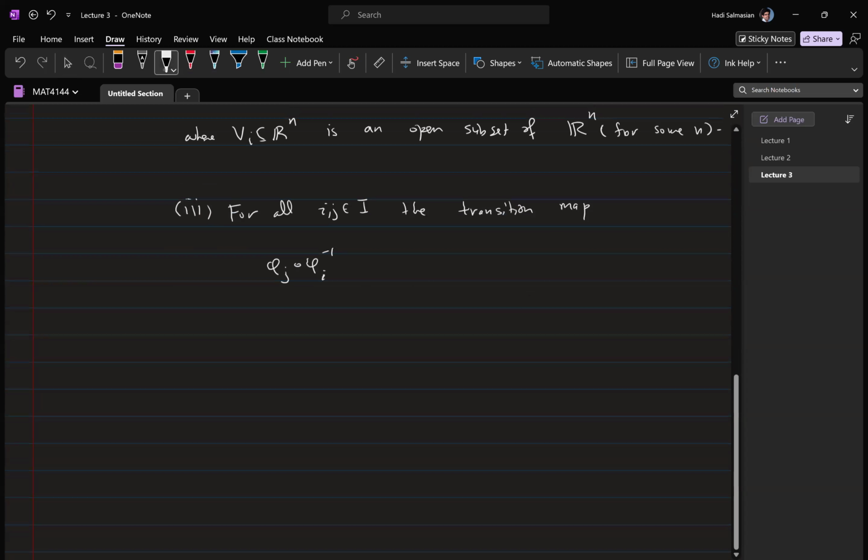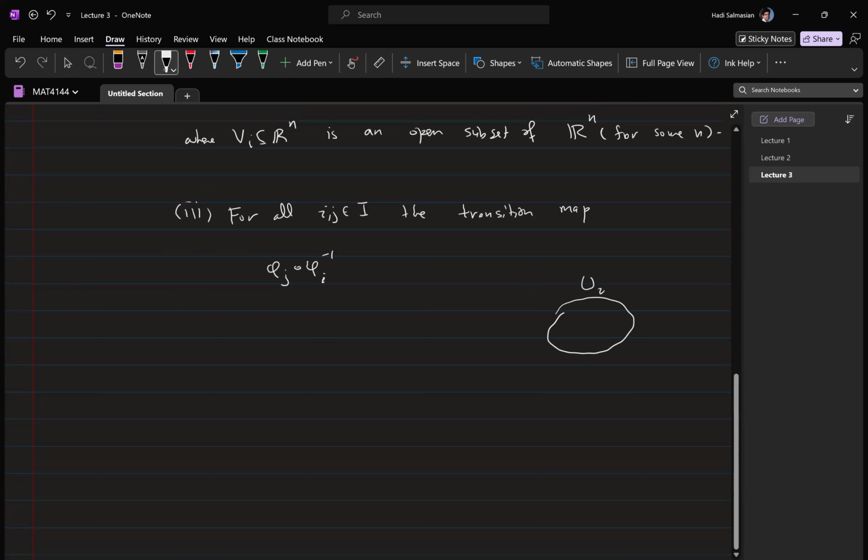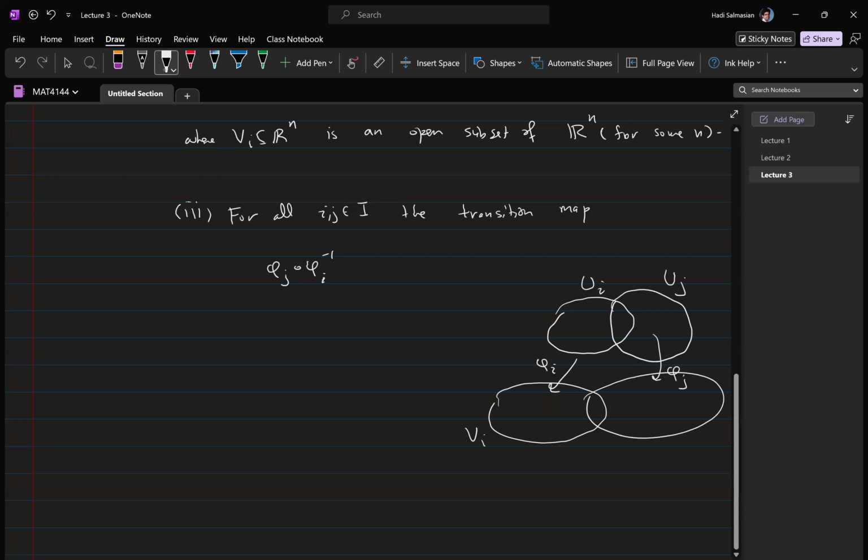So the picture would be the following. We have this Ui and we have this Uj, and this is the map phi_i, and this is the image Vi inside some Rn, and this is the image Vj. Well, these two images don't overlap, of course. They're really in different spaces.